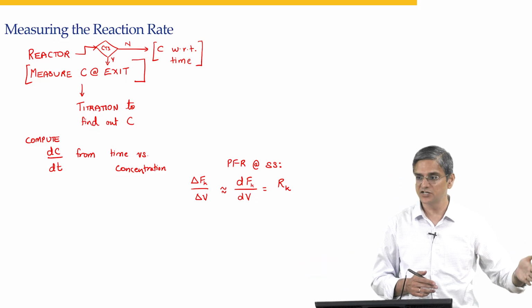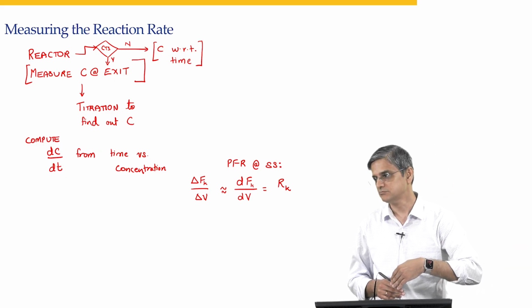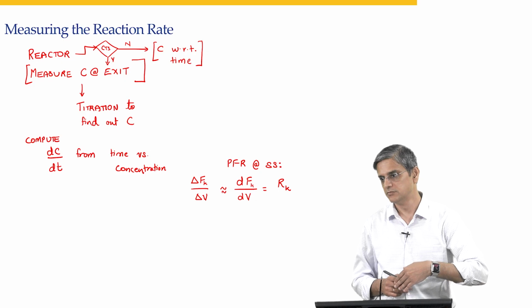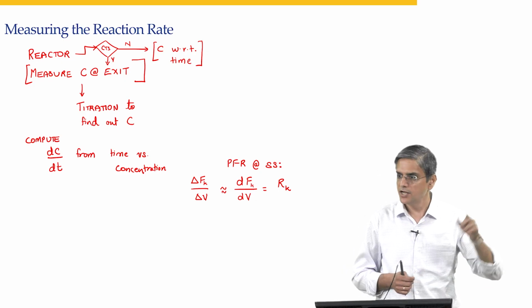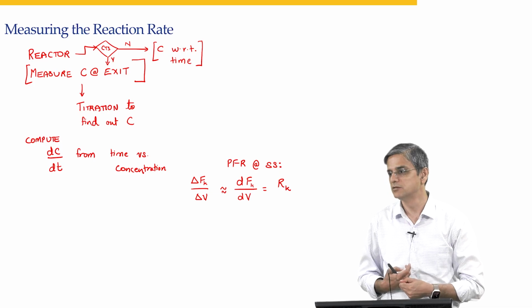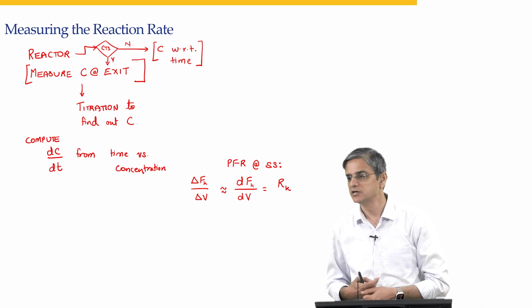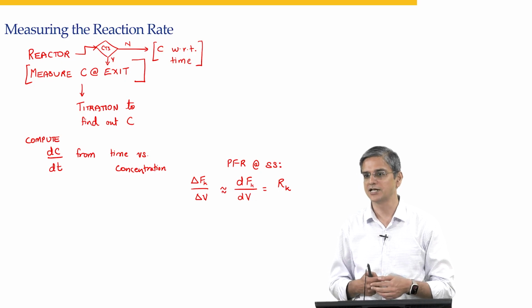So, if you halve the Q, it is equivalent to doubling the V. That is how you run, and if you get the slope to be constant, that is essentially the regime in which you can calculate the rate.